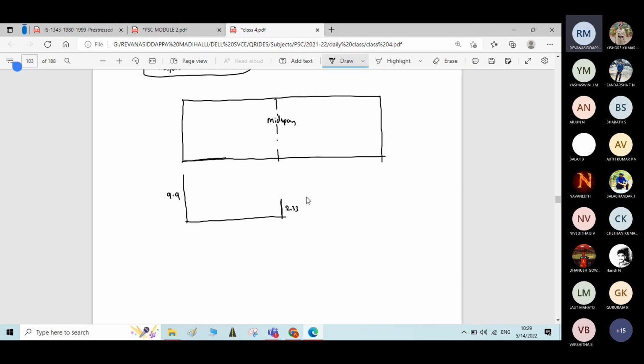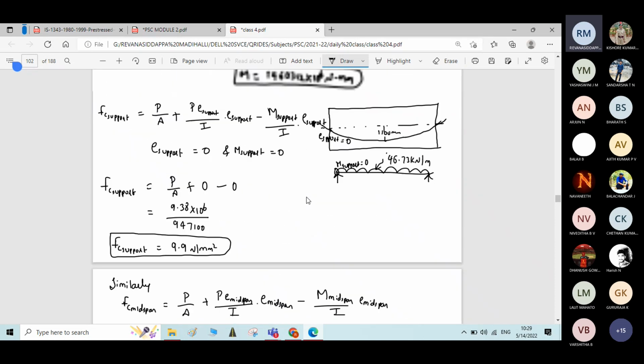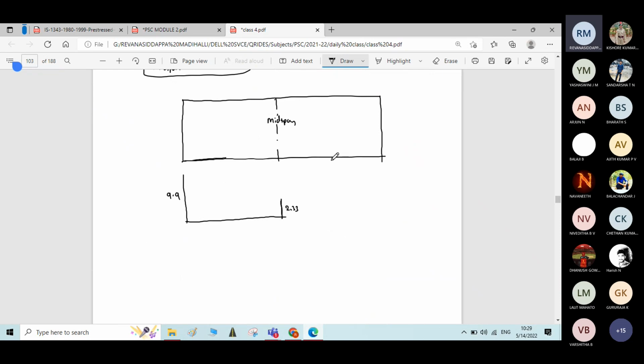Now here in the problem, the cable profile given is parabolic. Therefore, the nature of variation of stress will also be parabolic, like this. Now we have to calculate average stress from this diagram. It is not like the average of both numbers. It is the average of both numbers only when the variation of stress is linear.